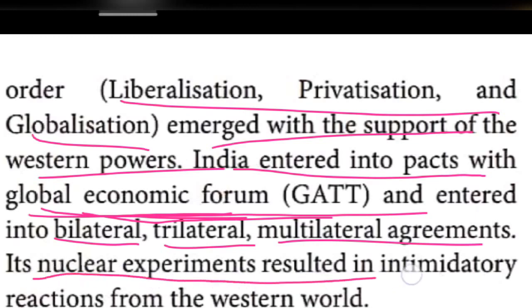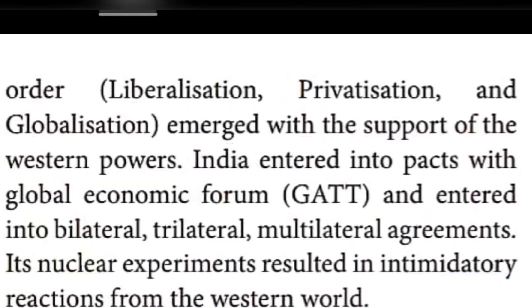Its nuclear experiments resulted in intimidatory reactions, in the sense threatened. Many Western countries were threatened by seeing India's nuclear experiments. This shifted India's policy.